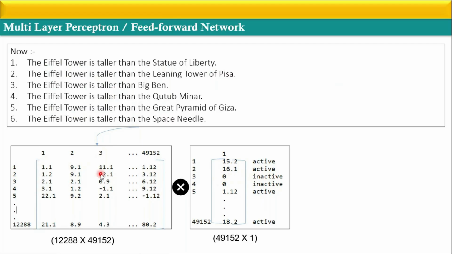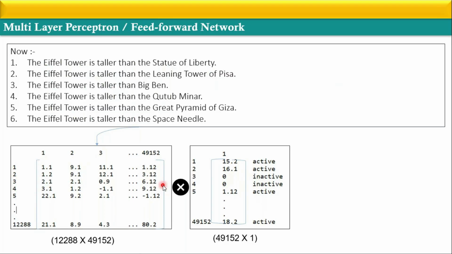So this particular value will not be considered. The value will not be considered for the further step. And this is the way how we are removing certain values from the matrix multiplication.